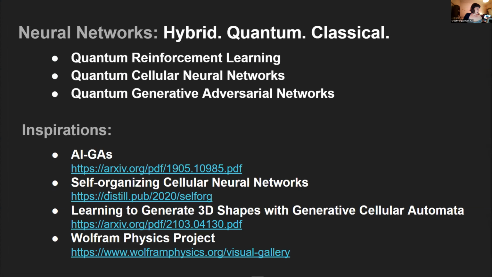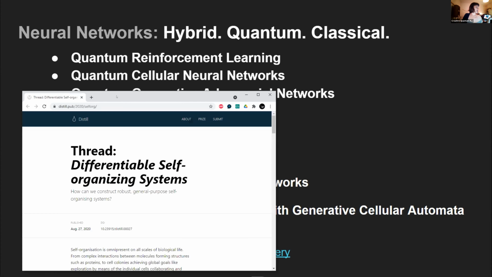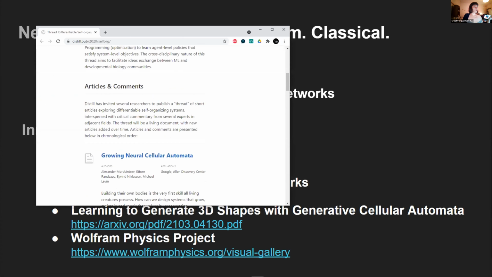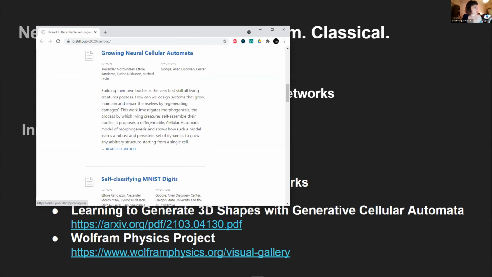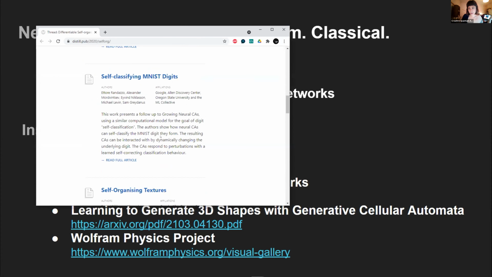Also, there are those self-organizing cellular neural networks that are in a related research area. And you can see this thread, which I would also highly recommend, where you find an overview of different versions of this principle.